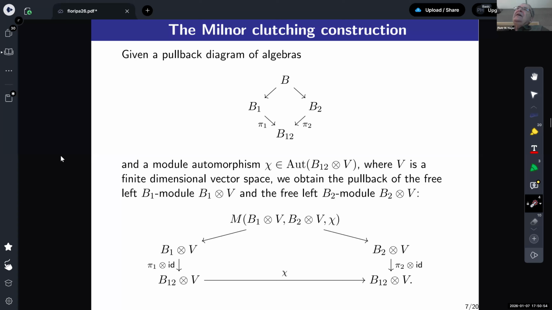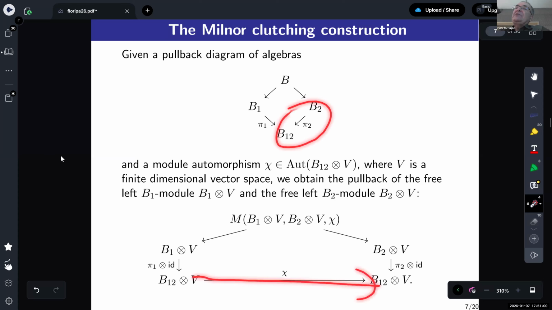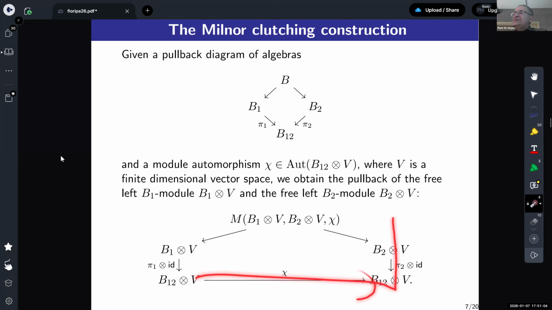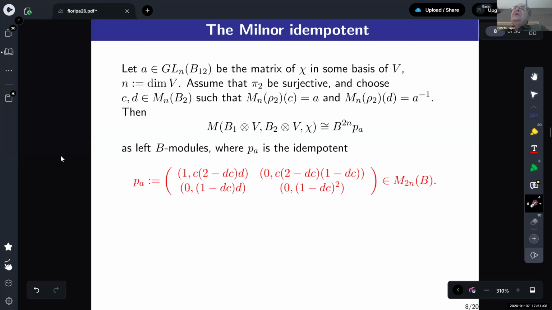And here we choose pi2 to be surjective. And it's very important that chi should always go towards things that are surjective because we want to lift. Okay, so I cannot reverse the direction of chi. And then, because pi2 is surjective, I can take this invertible matrix A, which is the matrix of chi, right?